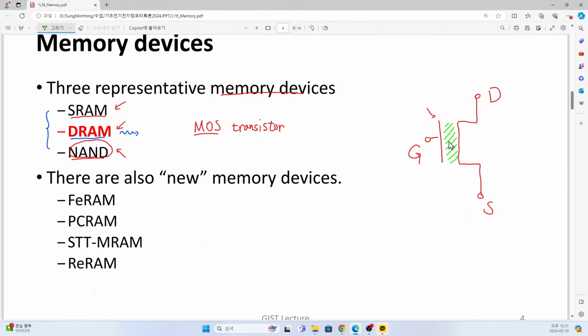However, in the case of NAND, instead of this fully dielectric material, we intentionally introduce a certain charge storage layer. Yes. So typically, what is it? Nowadays, silicon nitride is used as a charge storage layer.